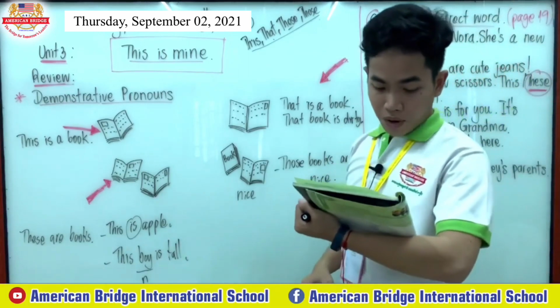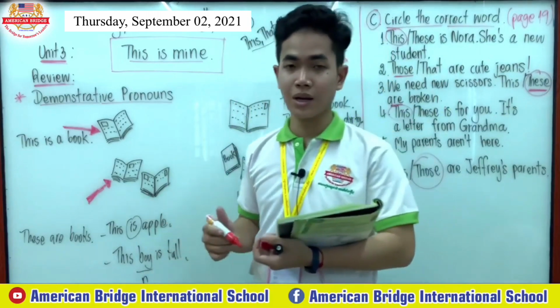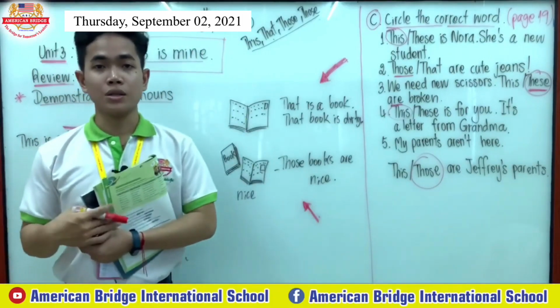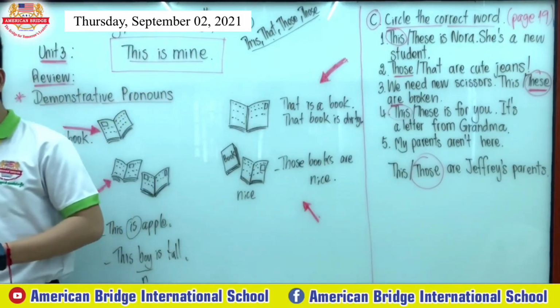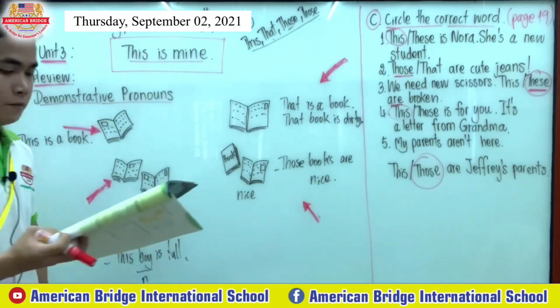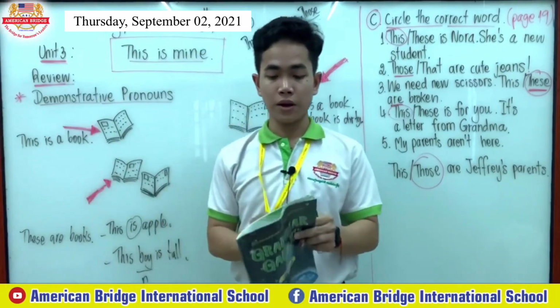Right, so before we end our lesson today, I also want you to practice the exercise in your workbook. So please pick up your workbook and then we go to page 14 and page 15. Please turn your book to page 14 and 15 of your workbook.